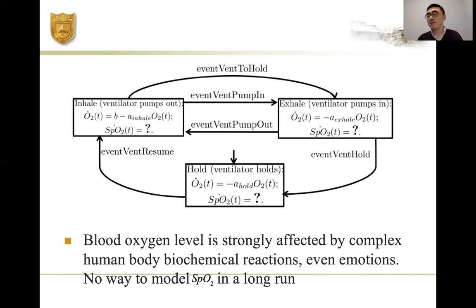We do find statements saying blood oxygen level is strongly affected by complex human body biochemical reactions, even emotions. They say there is no way to model SpO2 in a closed form. Basically, that's the same thing. We do have a hybrid model, but it's not a concrete one. It's a model with free variables.